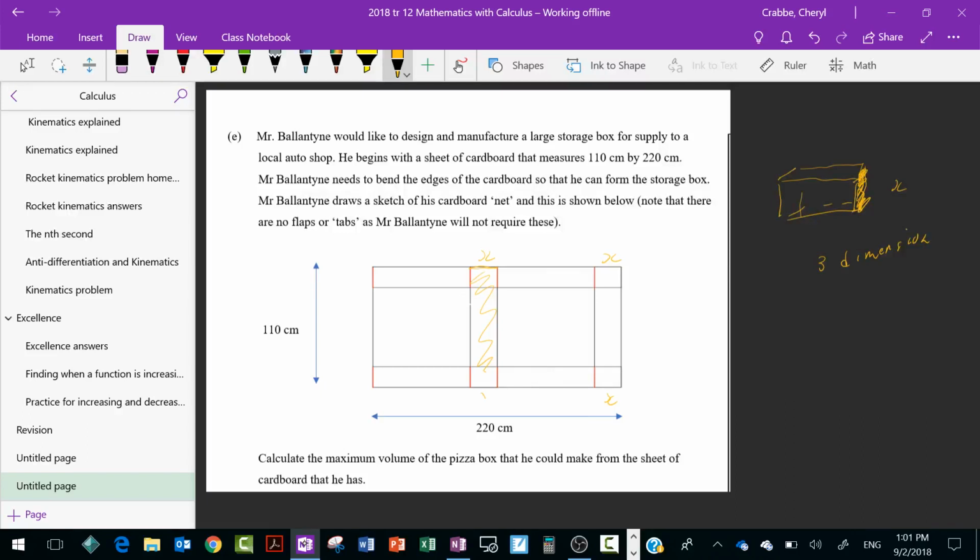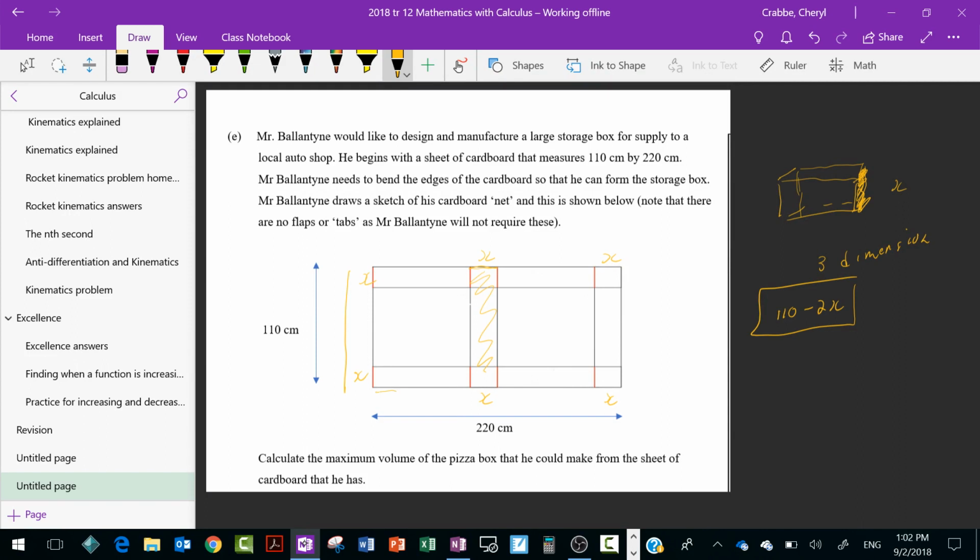This is going to be x, and this is going to be x, right? So basically we've got dimensions, which is this side here, but we've got to take off these fold lines. So it's 110 minus 2x, and that becomes one of these dimensions. It doesn't matter which one you want to call that. You can call this the bottom if you want to be 110 minus 2x, so that's one of the dimensions.